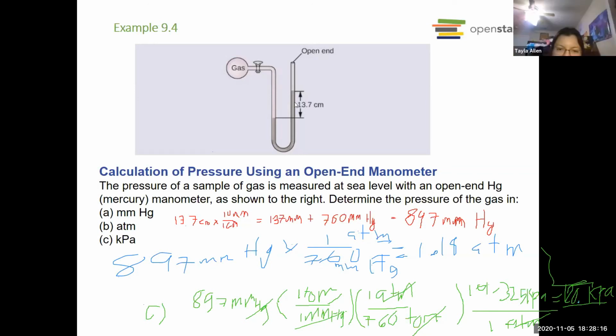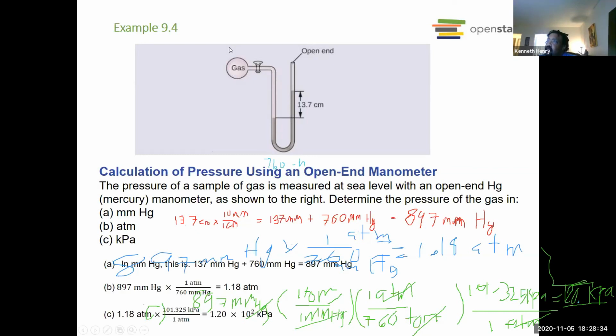If it was going towards the gas, you'd subtract: 760 minus whatever the height would be. Gotcha. Piece of cake.